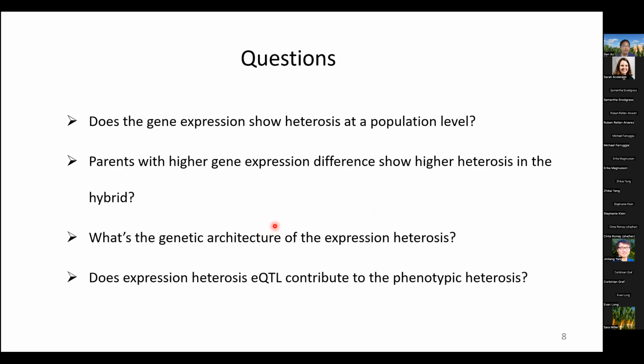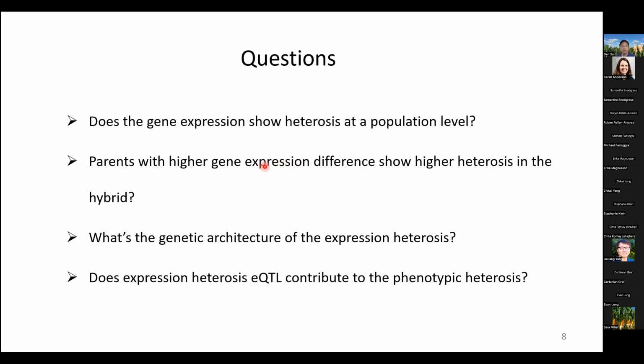In previous studies, people explored the mechanism of heterosis extensively, but most of these traits are agronomic traits collected during the mature stage, and there are very few reports on the mechanism of gene expression heterosis. So in this project, we want to address the following questions.